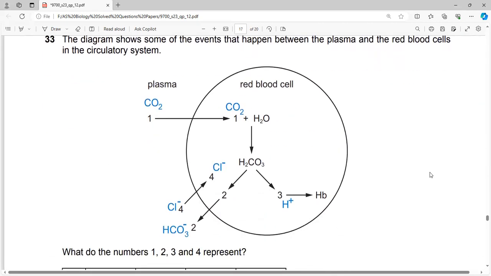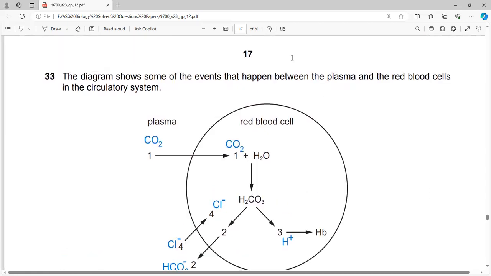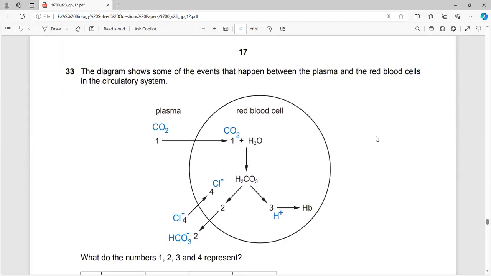We're going to proceed to the next question, which is also related to the red blood cell. The diagram shows some of the events that happen between the plasma and the red blood cell. If the red blood cell is near a body cell performing aerobic respiration, the cell produces carbon dioxide, which moves into the plasma and then from high concentration to low concentration inside the red blood cell.